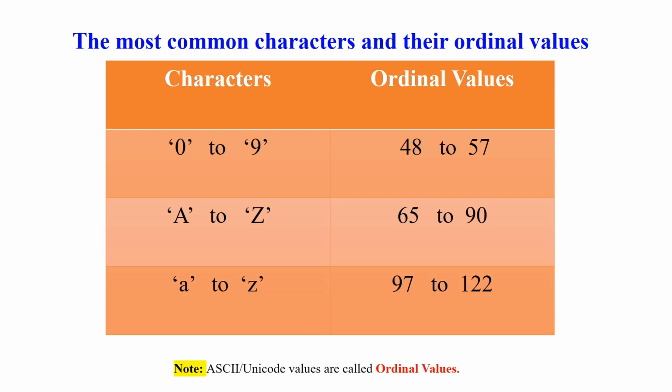Next line, character uppercase A has the ordinal value 65, character uppercase B has the ordinal value 66, up to character Z has the ordinal value 90. Next line, character lowercase a has the ordinal value 97, character lowercase b has the ordinal value 98, up to character lowercase z has the ordinal value 122.